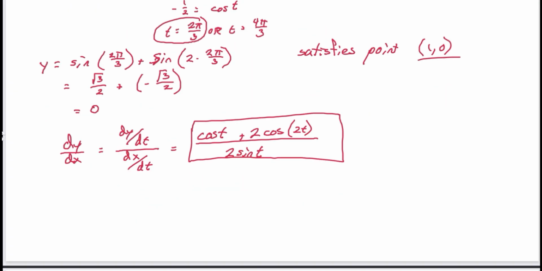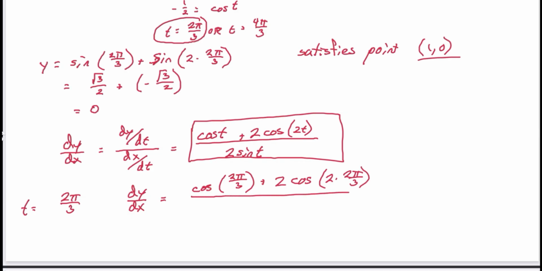Next, let's see what happens when t is equal to 2 pi thirds. So now dy/dx at the value 2 pi thirds. We're just going to plug that in for t. We have cosine 2 pi thirds plus 2 cosine of 2 times 2 pi thirds, divided by 2 sine of 2 pi thirds.